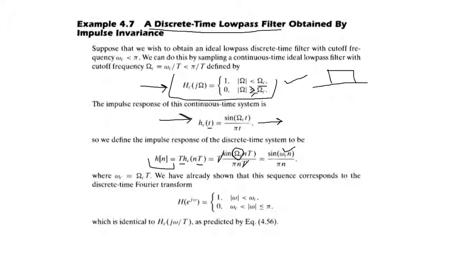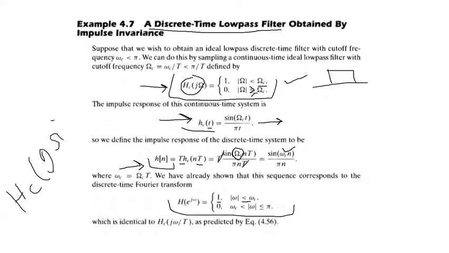So initially we had the continuous impulse response, and we have obtained the discrete impulse response. Now we can represent the frequency response of the discrete time system, which is 1 over this interval and 0 beyond it, which is identical to H_c(jω/T).